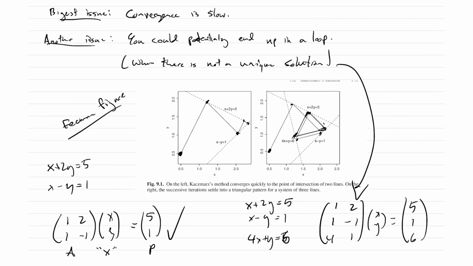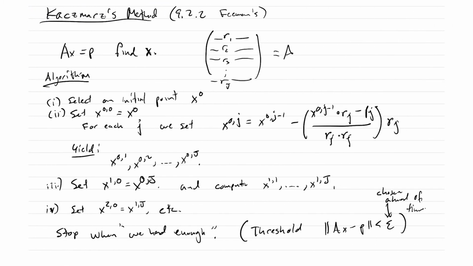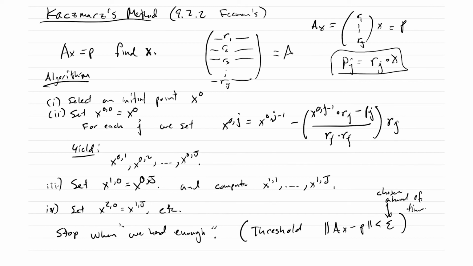Okay, so therefore we have the Kaczmarz method, which is fairly straightforward, and if it wasn't clear before, basically what we're doing is we're looking at Ax, and we have r1 down to rj times x equal to wherever p is. And we know that pj must be explicitly written as rj dotted with x, just because we take rows and multiply them times columns, and that gives us each one of these entries.